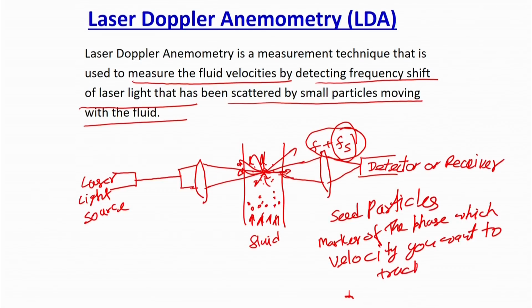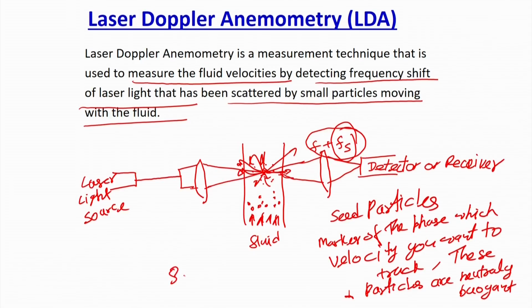And these particles are neutrally buoyant. It means the density of the seed particle is equal to the density of the fluid. So, they are neutrally buoyant, and they will follow the path of the fluid.